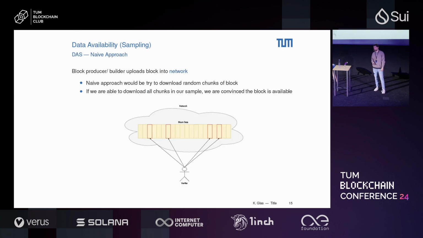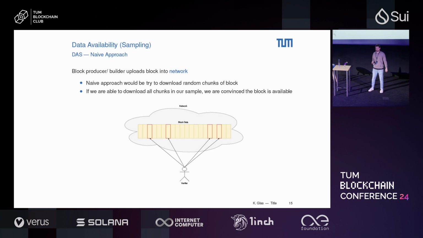If you wanted to build a sampling scheme, we could start very simple and simply say, okay, the block producer publishes this large binary blob. Remember, this is really just a blob, so just some bytes. There's no structure in this, at least none that the block producer or those verifiers care about.